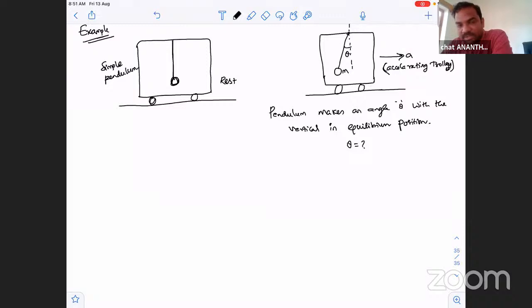But as the observer changes, the motion of the pendulum changes. Anyone getting the answer?